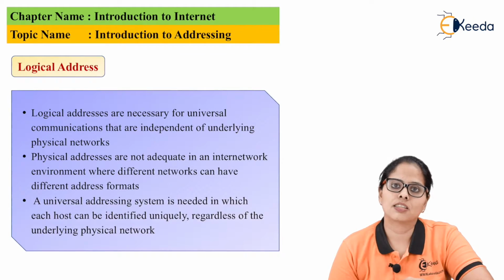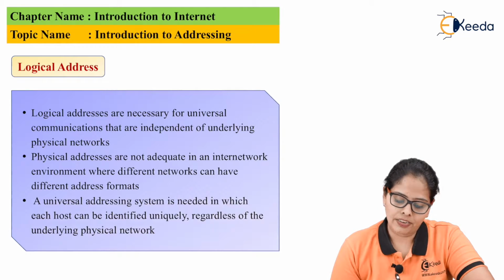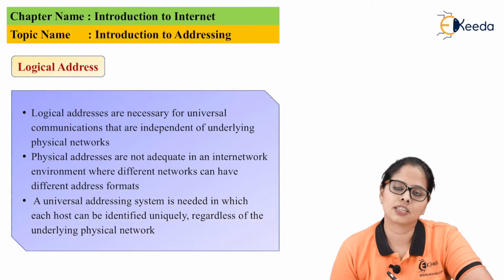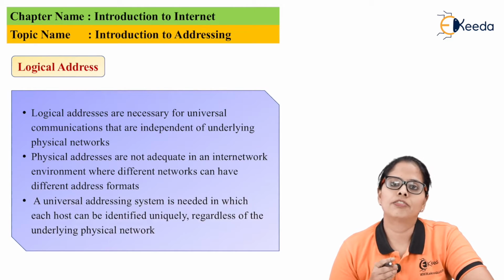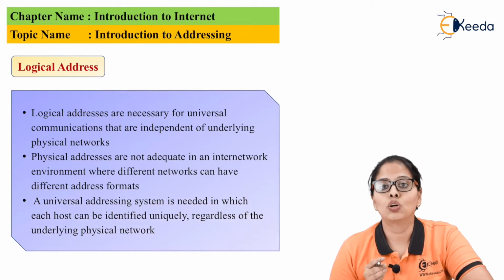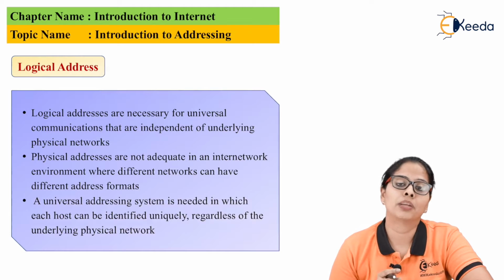Now let us discuss the next type, that is logical addressing. Logical addresses are necessary for universal communication and are independent of the underlying physical network. Basically with the help of a physical address, we can send data to hosts which are connected to the same network.